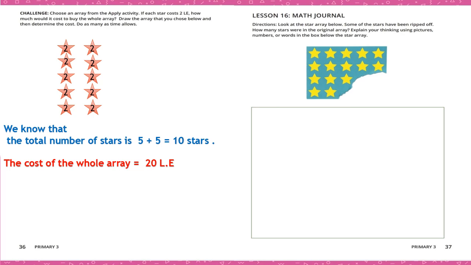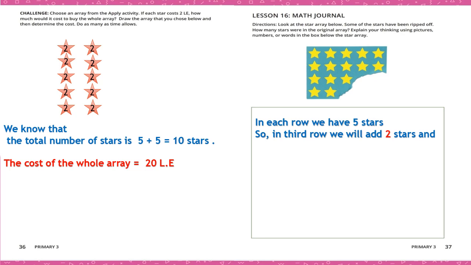So all rows must have 5 stars. So in the third row, we will add 2 stars to make 5. And in the fourth row, we will add 3 stars to make 5 also.